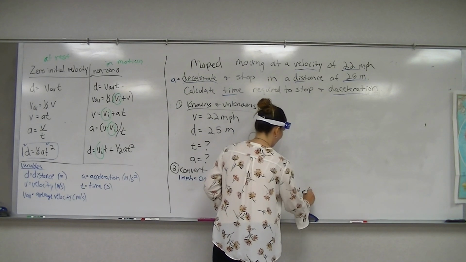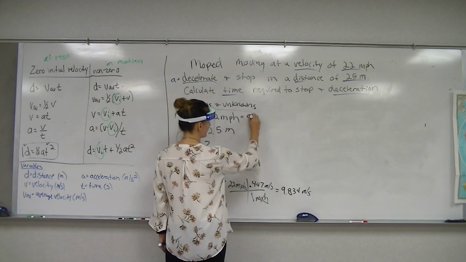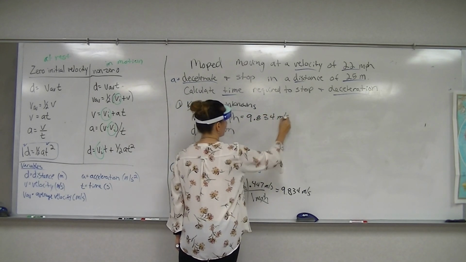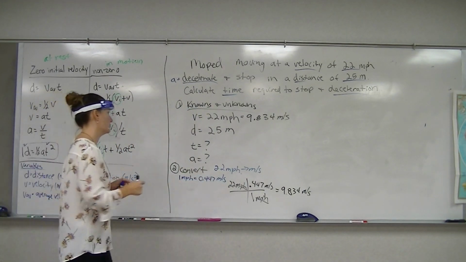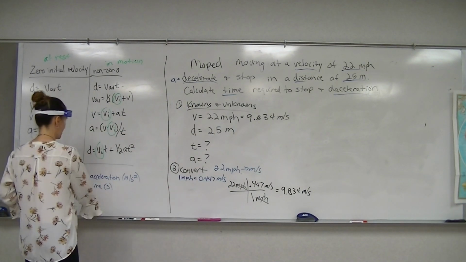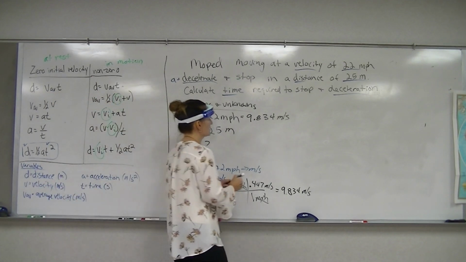Once again, I'm keeping all the digits because I'm not worried about sig figs till the end, but keeping all the digits until then is going to give me a more accurate answer. So that's the number I want to use when I'm plugging v into those equations. All right, so now let's solve for one of the unknowns.